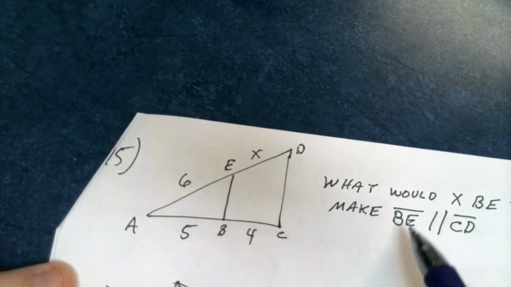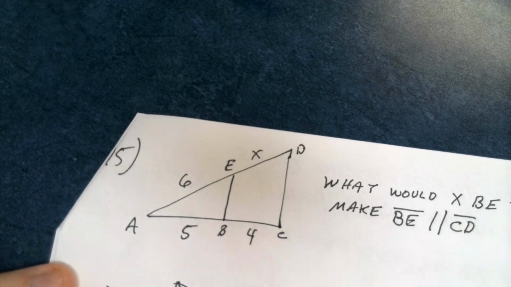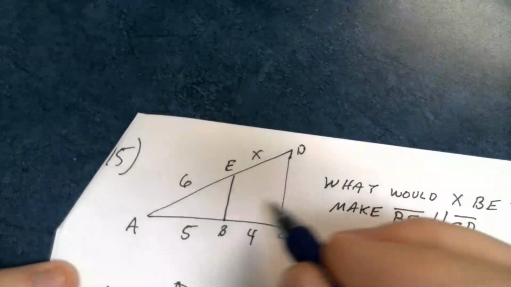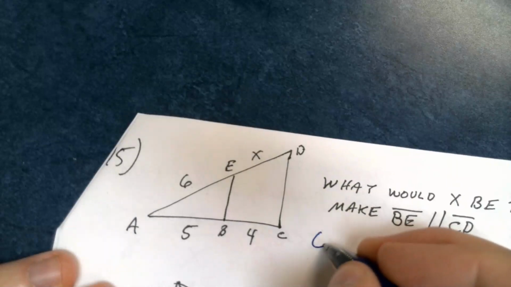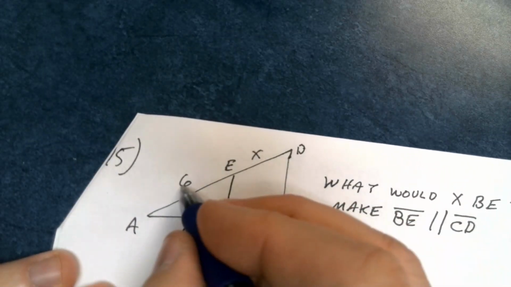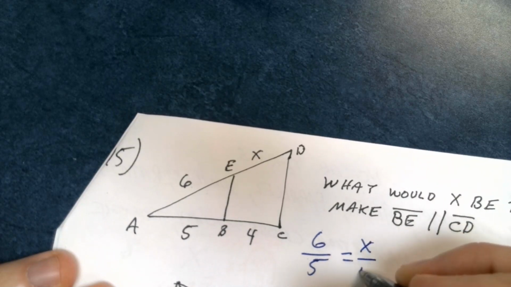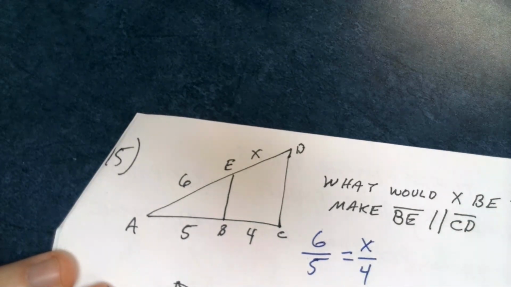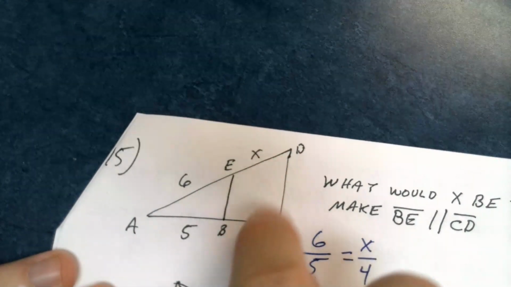It says, what would X have to be to make BE parallel to CD? So it doesn't say that these two segments are parallel, but if they are parallel, then we know that this would have to be true, that 6 over 5 would have to equal X over 4. That top over bottom of this equals top over bottom of this.